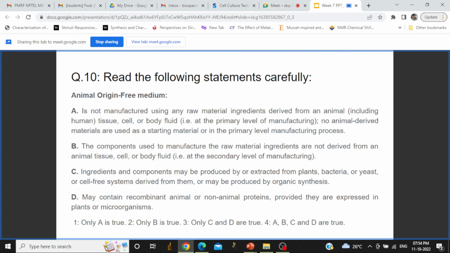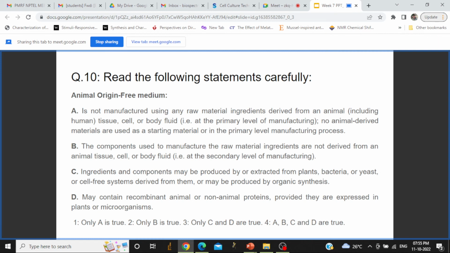So animal origin free, as the name suggests, does not contain any raw material or any ingredient that's derived from the animal. That is why it's called animal origin free. And animal, humans also come, or different tissues or cells or body fluids also come. So in animal origin free medium, all these ingredients or raw materials from any type of animal tissues or cells or body fluids should not be present.